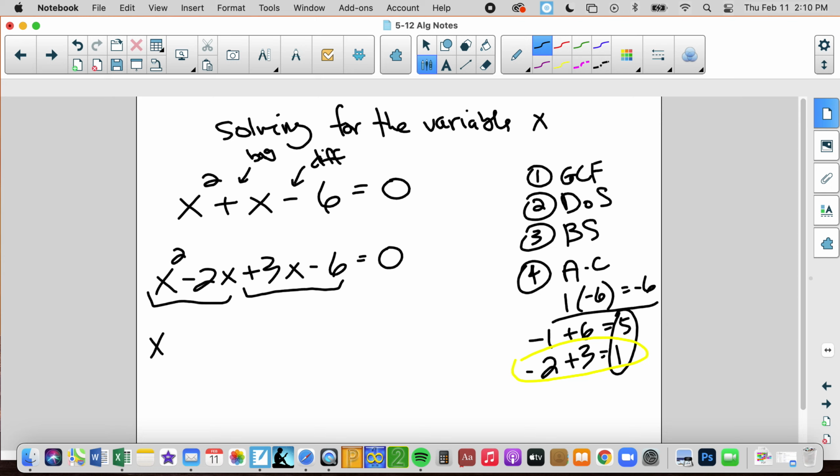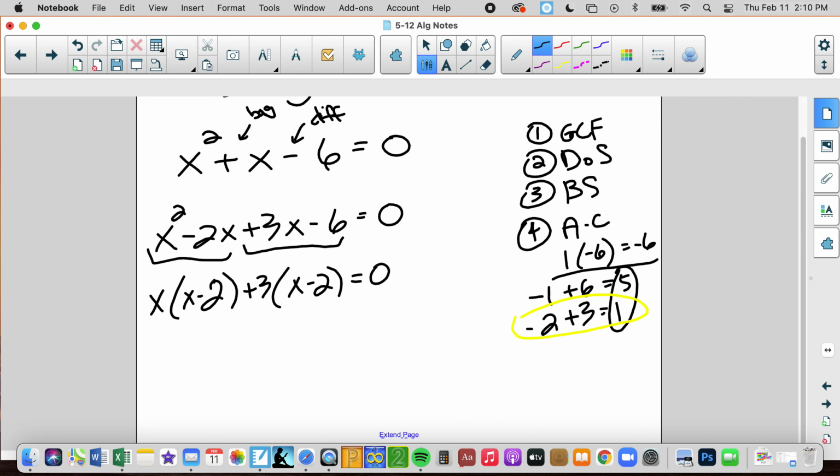We're going to factor out an x from the first pair. We're going to factor out a positive 3 from the second pair. And now we are going to factor out the negative 2 because it's being multiplied by both of these. And when you take that away, you're left with x plus 3.